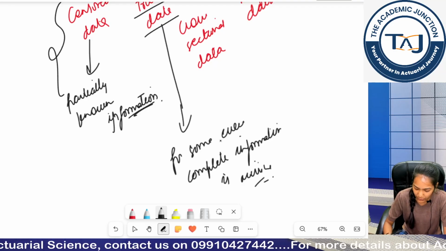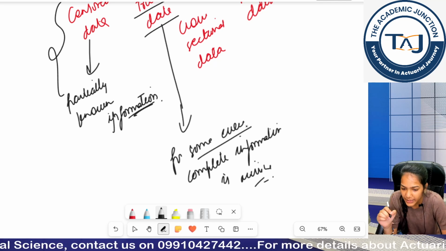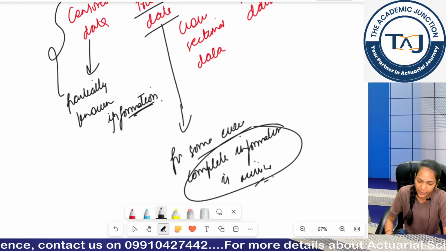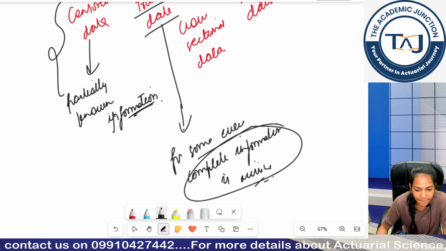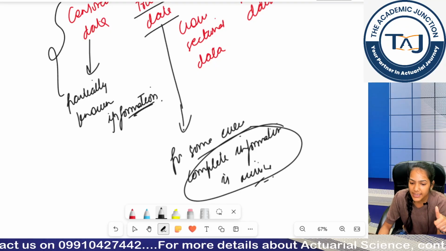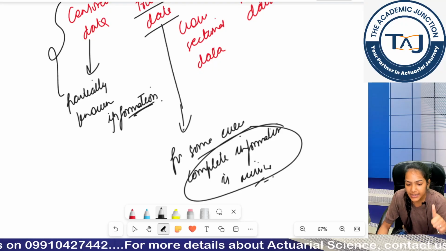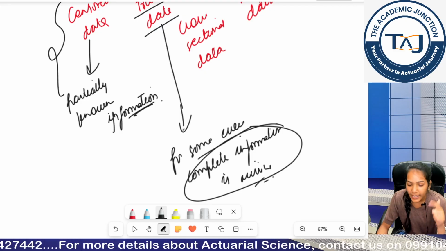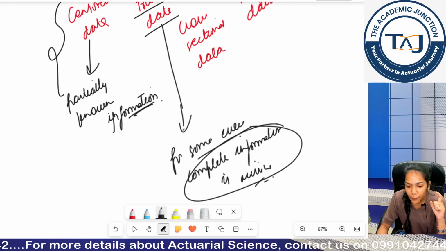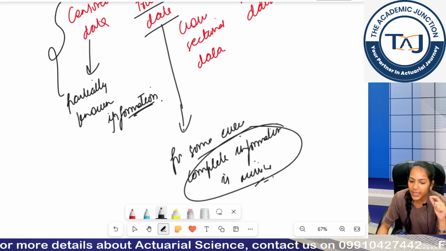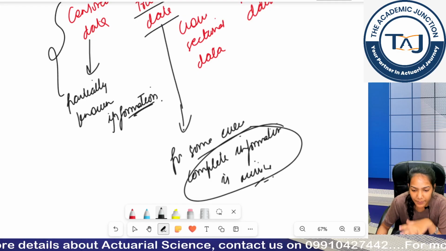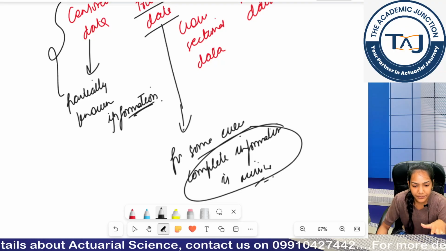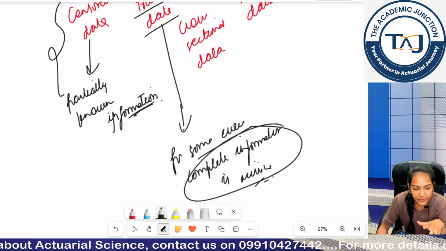For a particular event or time period, I won't have a complete set of information or data. So that's the difference: in censored data, some partial information is missing, and in truncated data, for a particular time period, we have a complete set of information missing. Clear, guys?